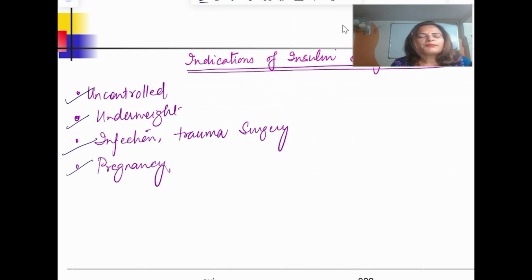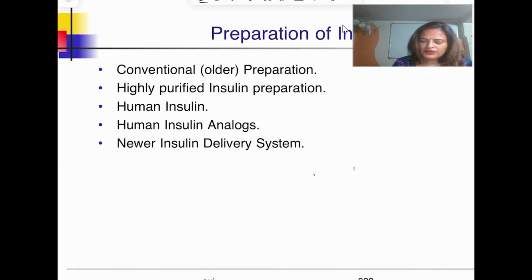Now what all types of insulin do we have? We have the older or conventional preparation, which used to be prepared from beef and pork pancreas. What are the disadvantages with beef and pork pancreas? They used to contain about 1% other proteins, which used to exert antigenic property. And what are the other proteins?